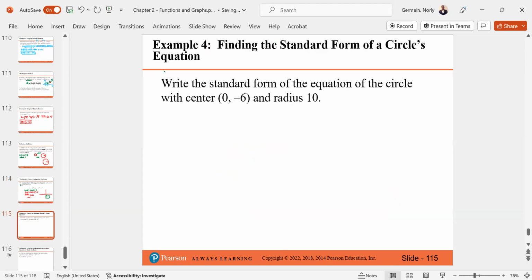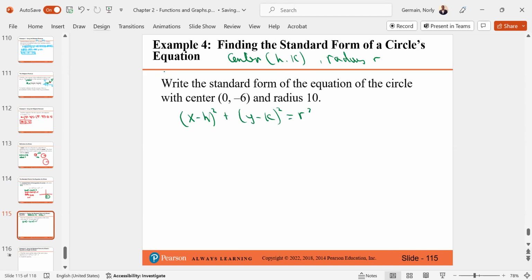Write the standard form of the equation of the circle. Remember, using the center (h, k) and radius r, it must be (x minus h) squared plus (y minus k) squared equals r squared.